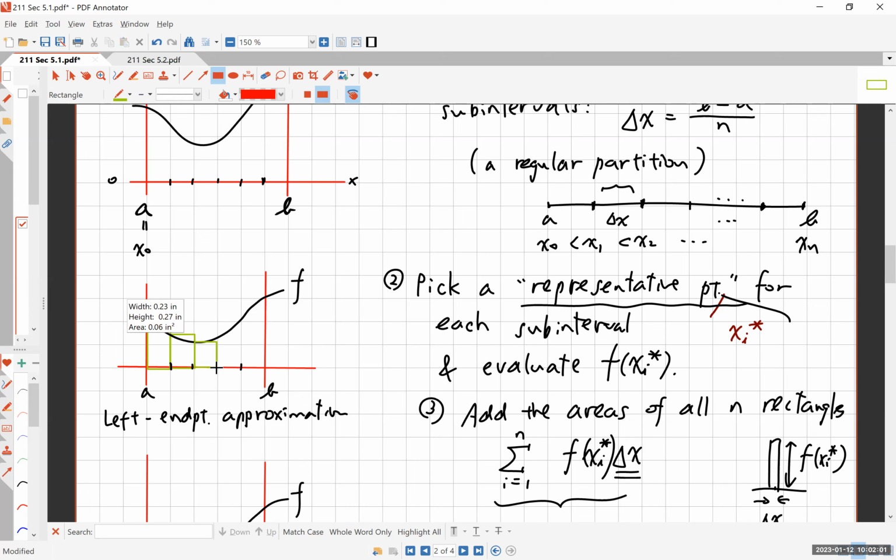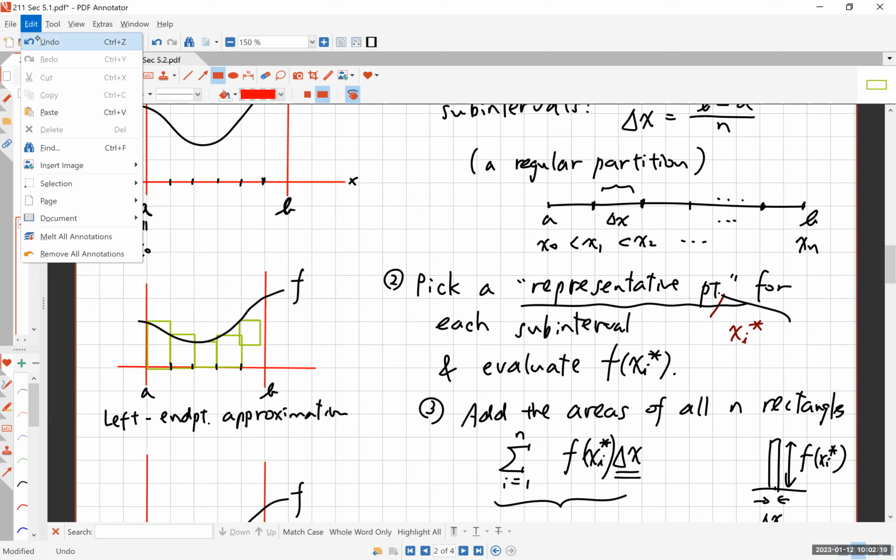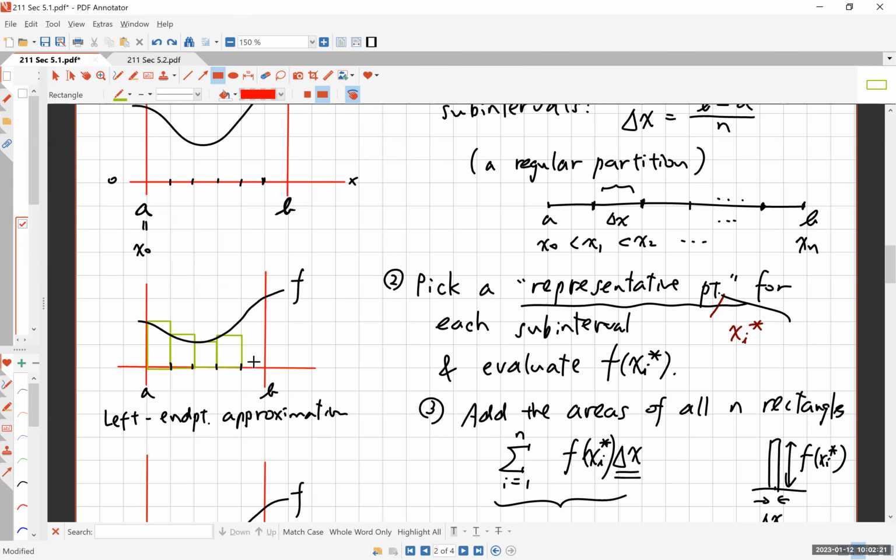So that's my third rectangle. For the fourth one, this is the left endpoint. So you evaluate the function at that left endpoint. That becomes the value of the function for this entire subinterval. And for the last one, that seems to be overlapping. Okay.